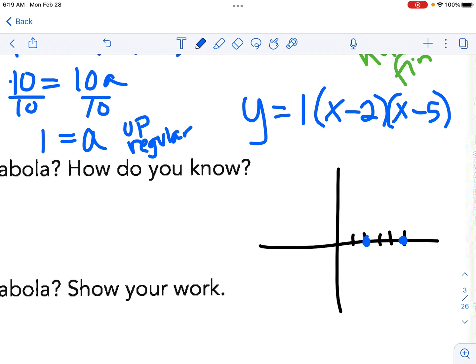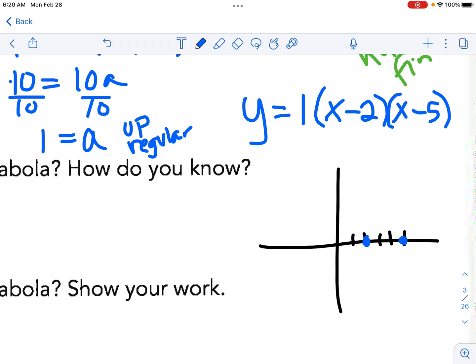Okay, so we know that right in between those intercept points is where the vertex is. So we're going to find that vertex.